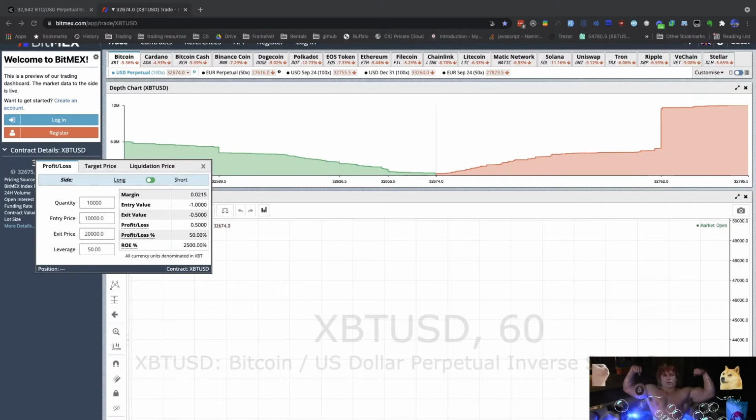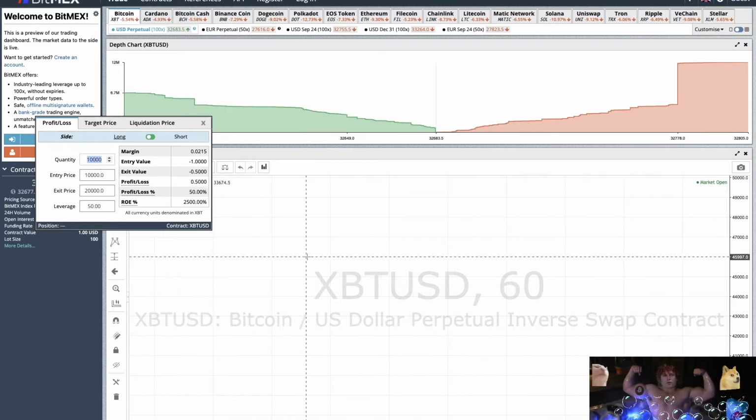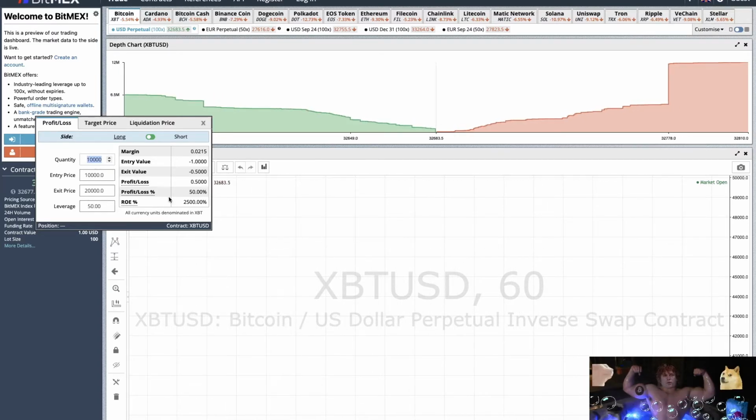We're going to do two different calculations, okay? This is the BitMEX calculator for P&L. I'm very used to it. It's just a calculator.